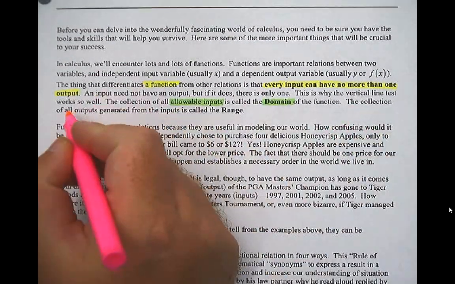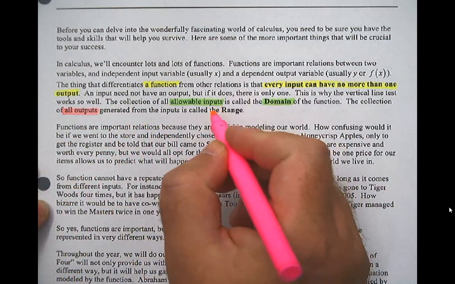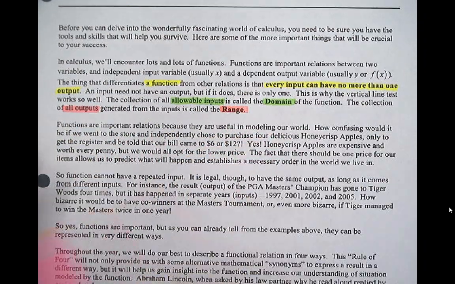The collection of all outputs generated from the inputs is called the range. So let's take the quadratic function. If you square any number, you're always going to get a 0 or a positive. So the range of, let's say, a quadratic would be 0 inclusive up until infinity. So just a quick review of what domain and range are.